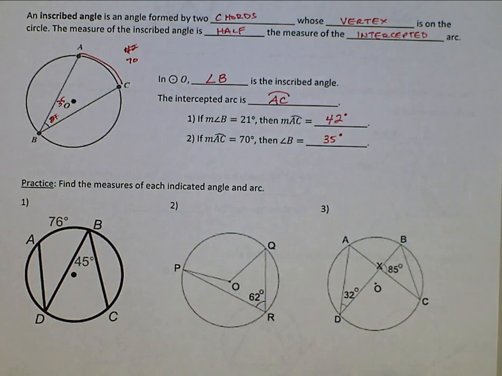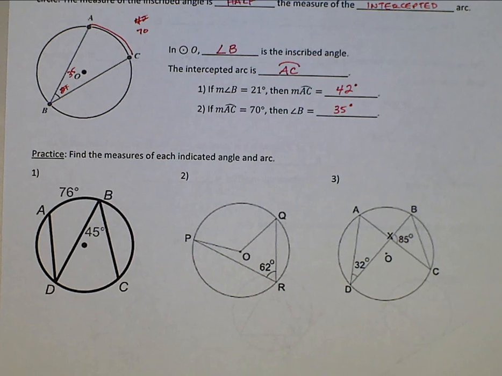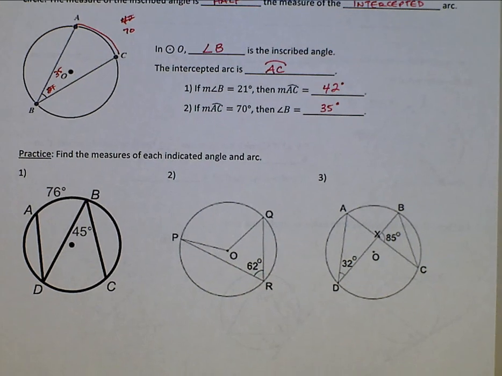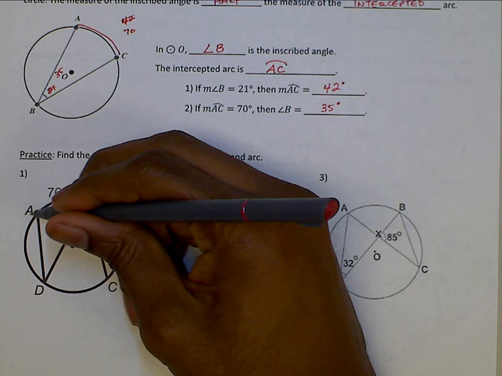All right, so let's look at a few more examples down at the bottom half. They ask us in our first problem to find the measure of angle ADB. Important here to identify which arc is being intercepted between ADB.